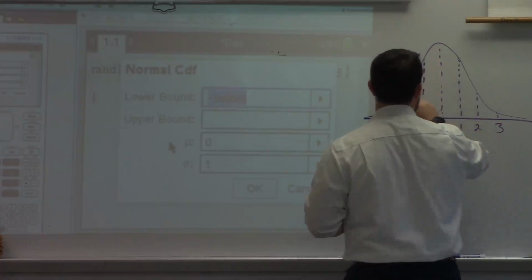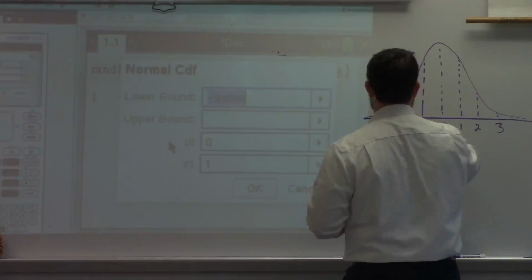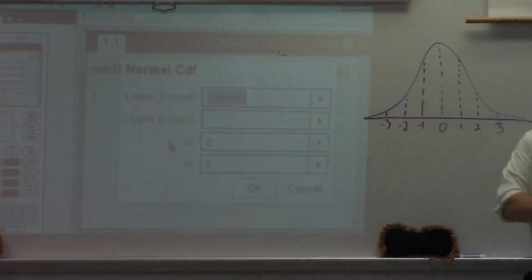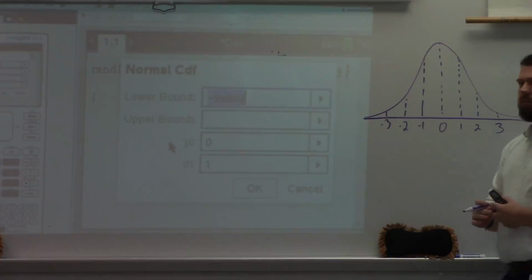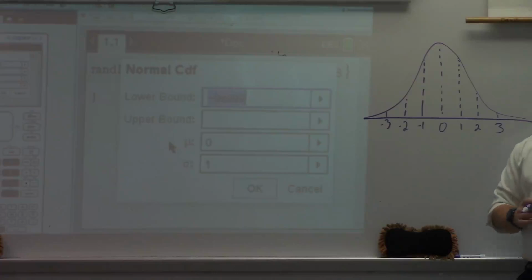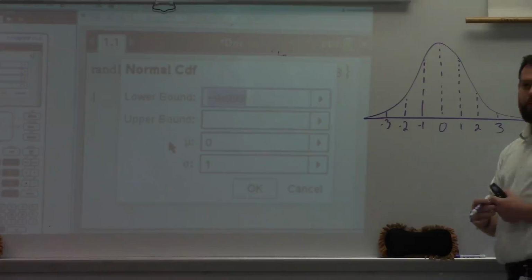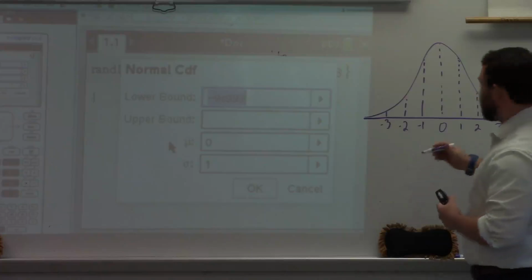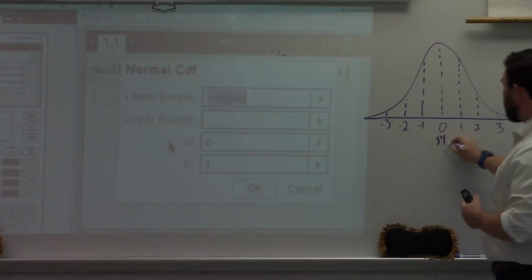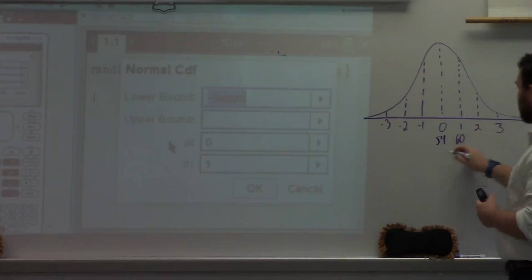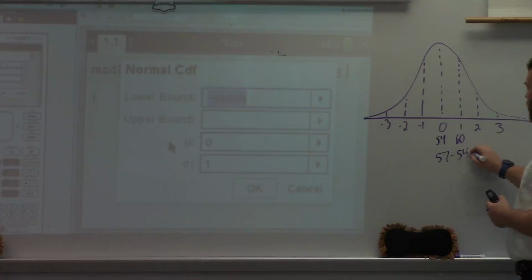Now, remember how we converted to our z-score, right? It was 57 miles per gallon, but we converted that to a z-score. What was that z-score again? I thought it was 1/2, 0.5, something like that, 0.5 for 57. Because remember, it was 54, then 60, and so the value minus the mean divided by my standard deviation.